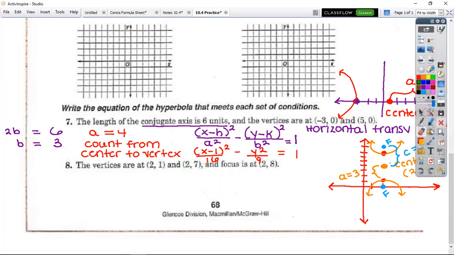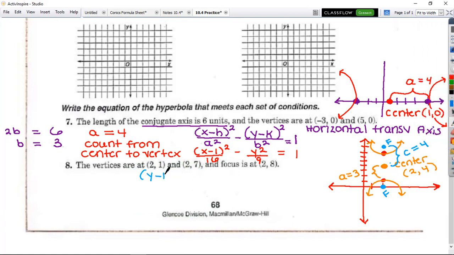So I'm going to go (y minus k) squared over a squared minus (x minus h) squared over b squared equal to 1.